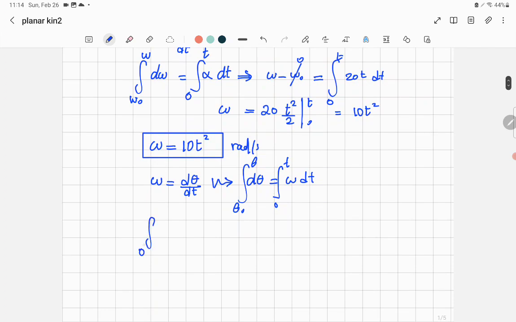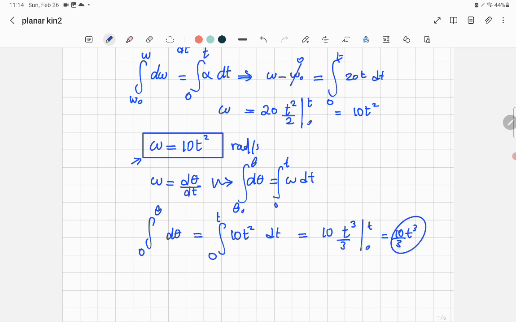So I have the integration from 0 up to theta equal to the integration of omega, which I just got as 10t squared. That will be equal to 10, a constant, times t squared, which becomes t cubed over 3, integrated from 0 to t. That will be equal to 10 over 3 t cubed. That's theta. So let me write theta is equal to 10 over 3 t cubed.